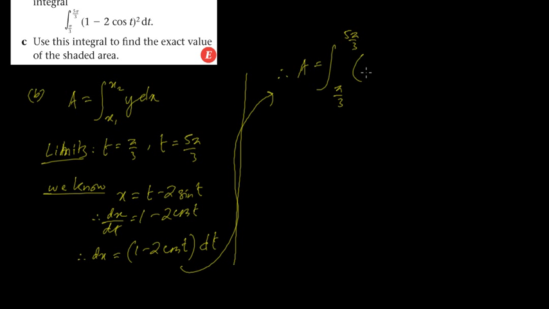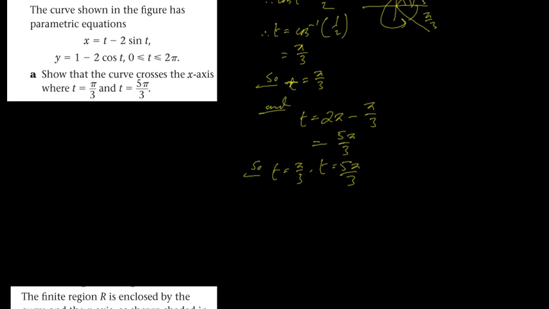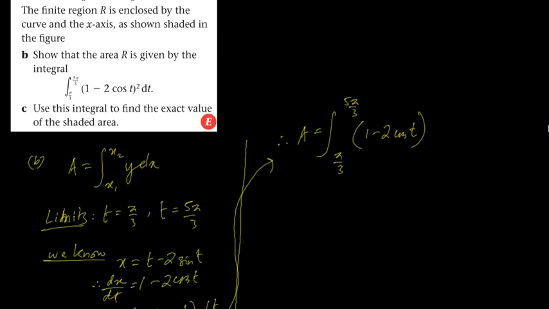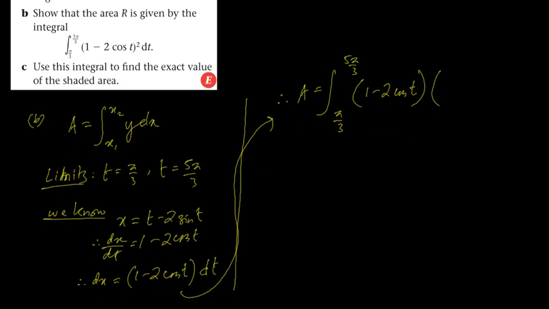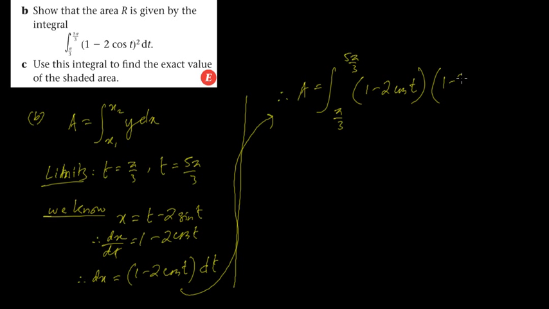Now we can easily do the substitution. Therefore area equals the integral with limits pi by 3 for x1 and 5 pi by 3 for x2. In place of y we put 1 minus 2 cos t, because that's what was given here, and the substitution of dx is 1 minus 2 cos t dt.